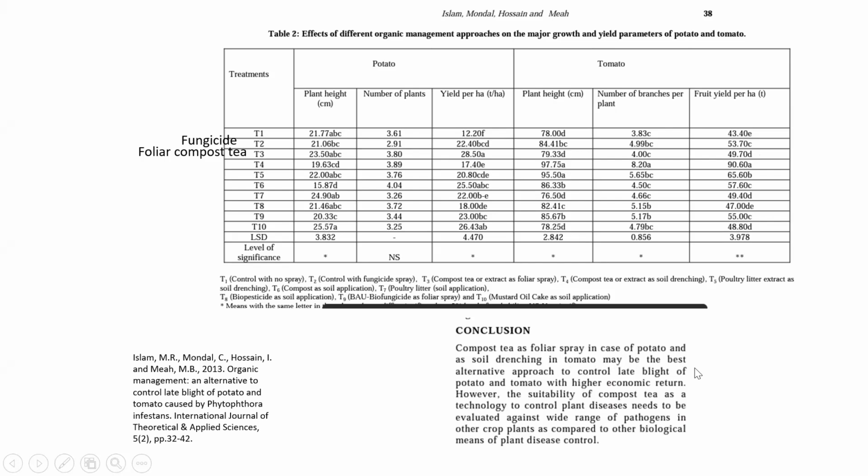In the case of tomato, may be the best alternative approach to control late blight of these crops with higher economic return. They did caution that compost tea should also be tested against other pathogens, but in terms of late blight fungus, it was quite effective.